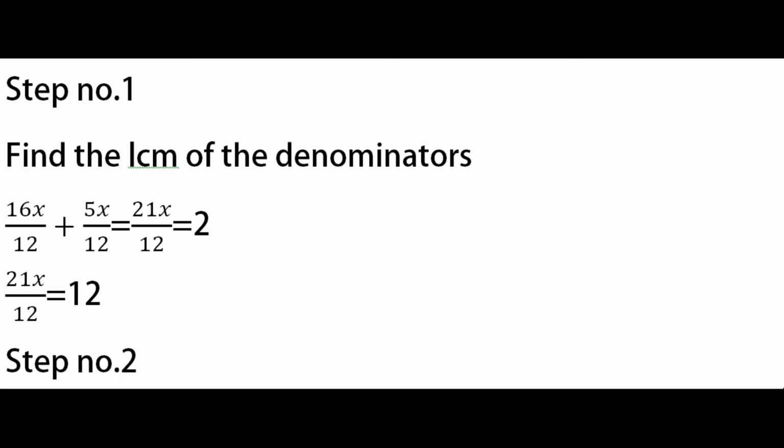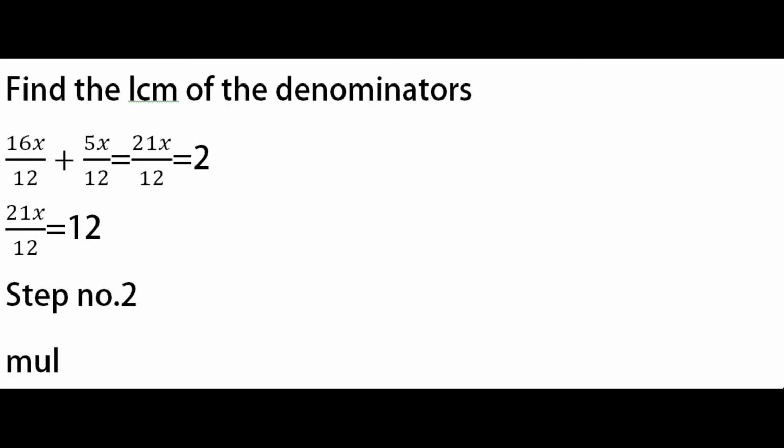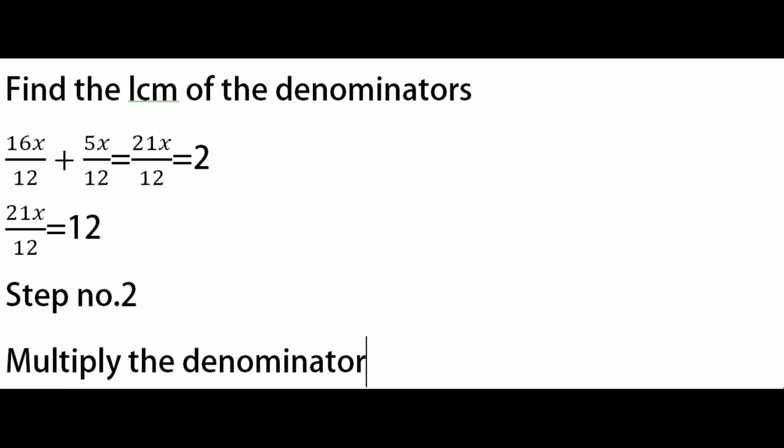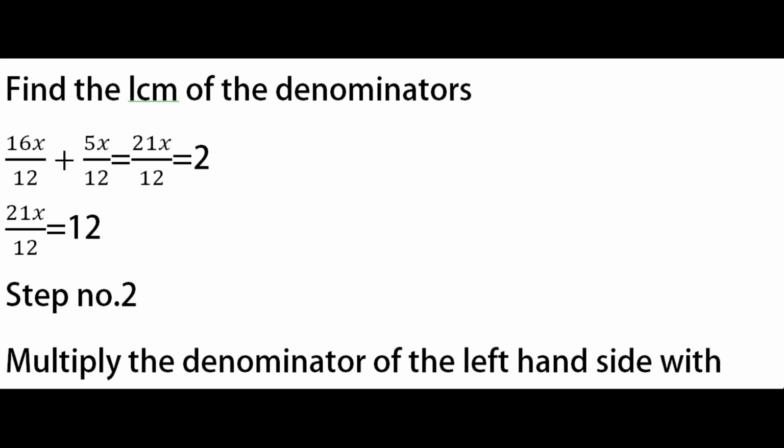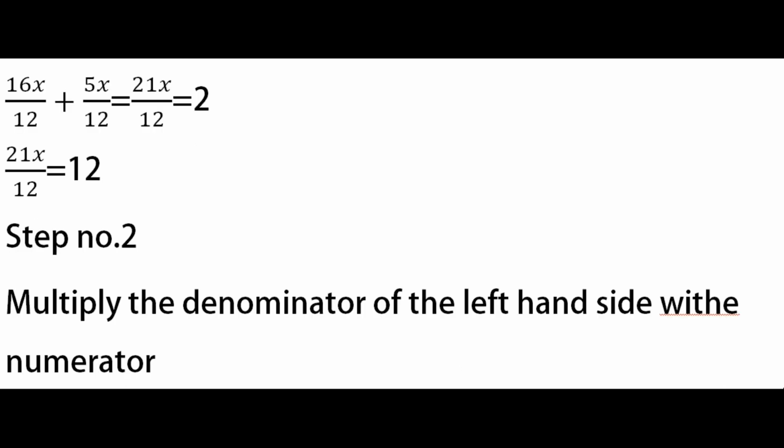So I will multiply the numerator 21x of the left hand side with the denominator 1 of the right hand side. So step number 2, multiply the denominator of the left hand side with the numerator of the right hand side.